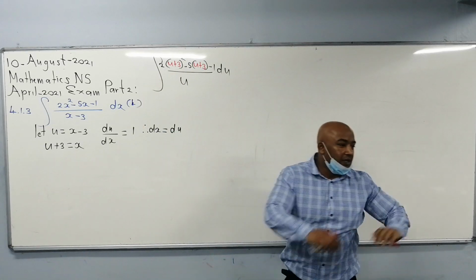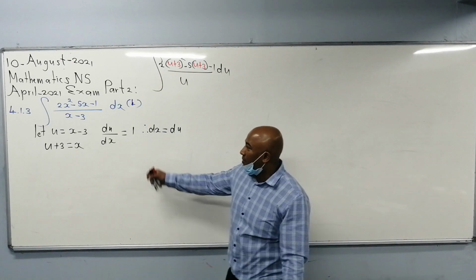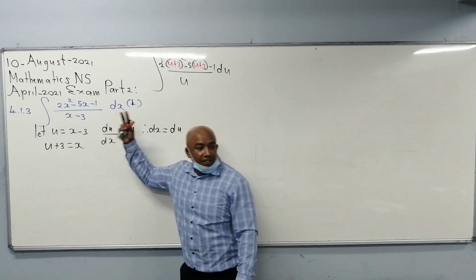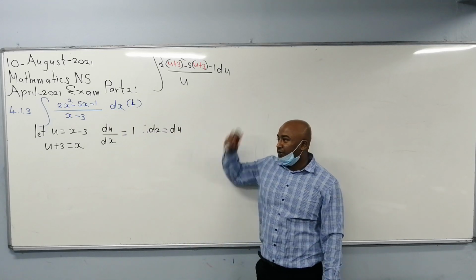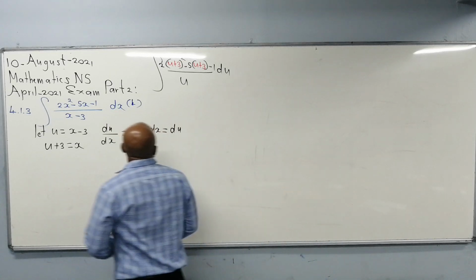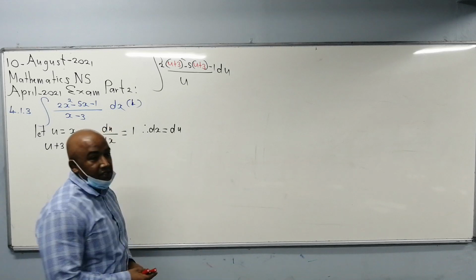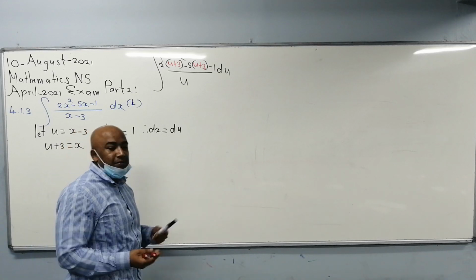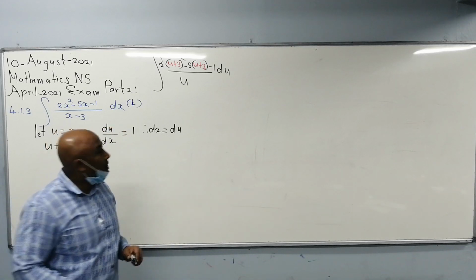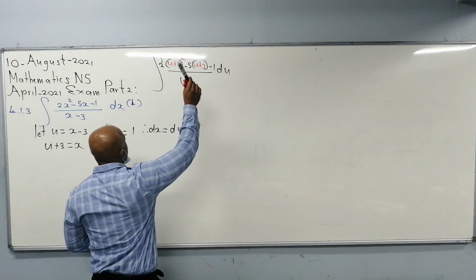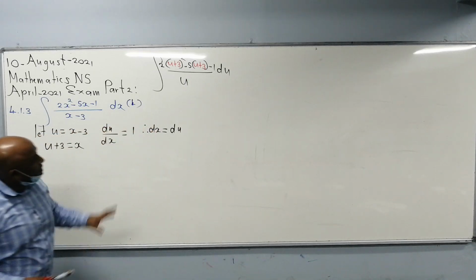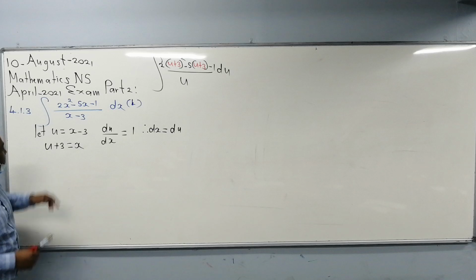Now this whole problem has been transformed from the variable x to the variable u. So let's multiply this whole thing out. That's the part that takes long for this method. We will have to remove the brackets here.